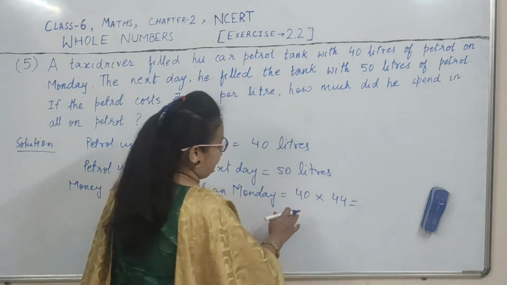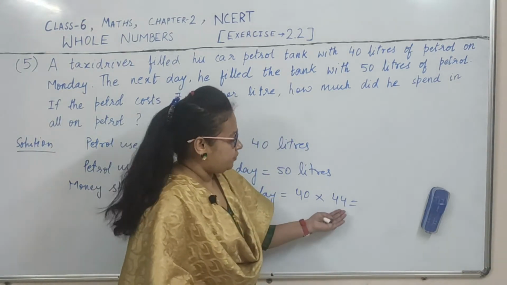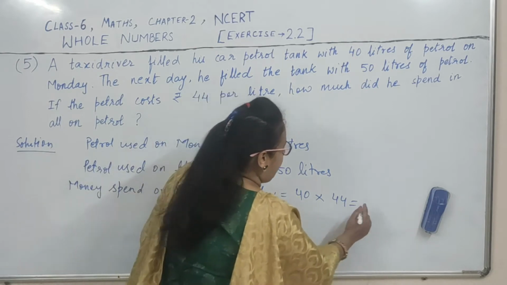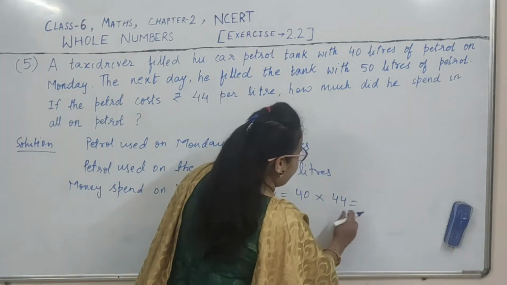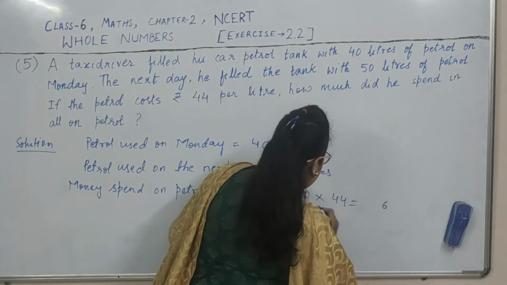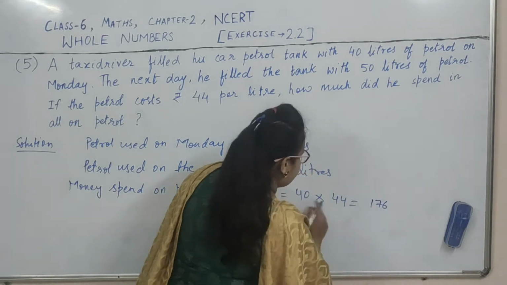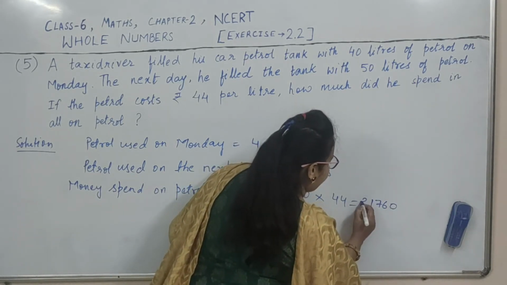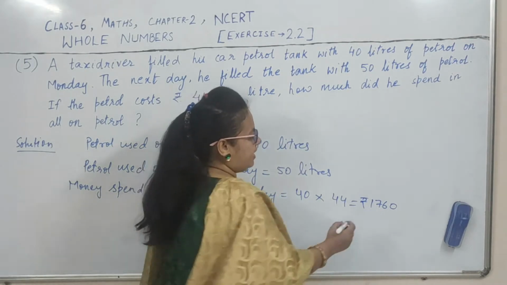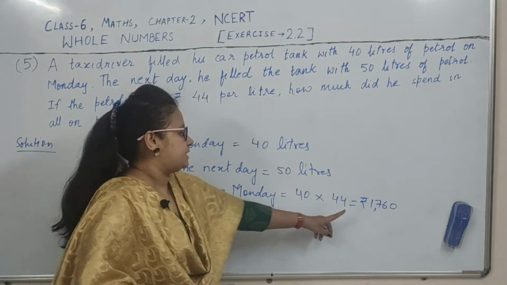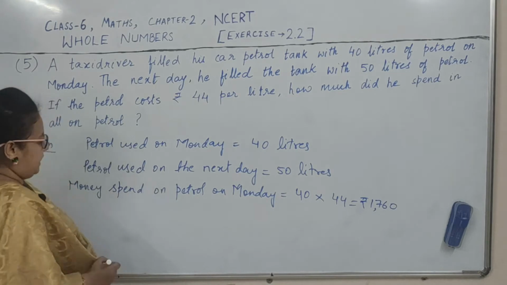So we will multiply the amount of petrol and the cost of 1 liter of petrol. It will be how much? See, 4 will be multiplied by 44. 4 4s are 16 and this 0. So it is rupees 1760 spent on petrol on Monday.